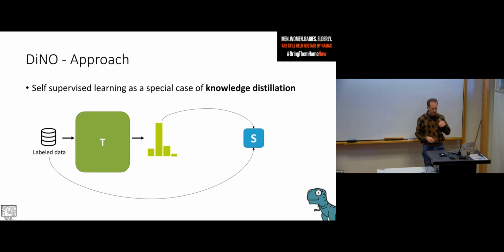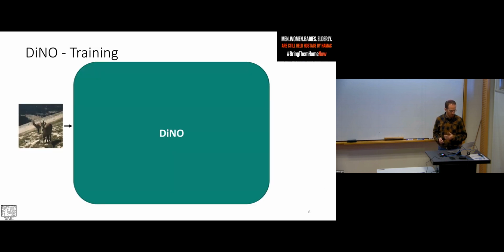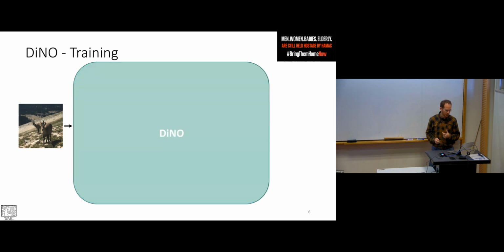So this is distillation with a trained model. We have labeled data here to train the teacher, but in DINO we don't have labels at all. This is a self-supervised approach. We're only going to get images, and we are going to train both the teacher and the student at the same time.